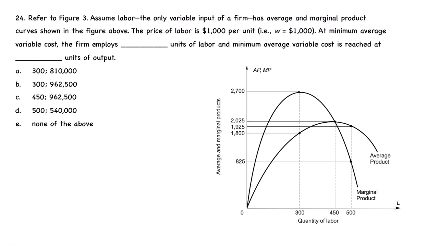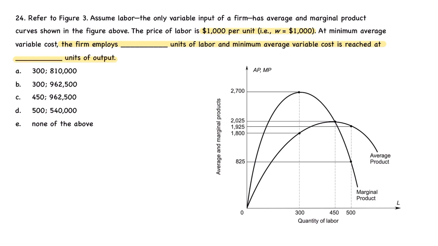24 says, refer to figure 3, assume labor, the only variable input of a firm, has the product curve shown below. The price of labor is $1,000 per unit, so that's our wage rate. At minimum average variable cost, the firm employs how many units of labor, and it's reached at how many units of output.